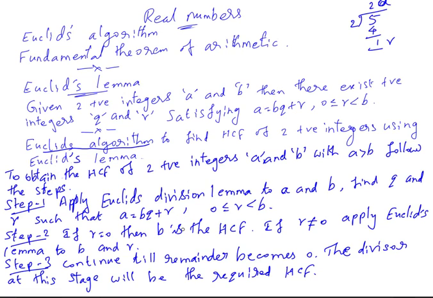Next we see what remainder we get. If the remainder is 0, the divisor is the HCF. If it is not 0, we continue, dividing the divisor by the remainder. When the remainder becomes 0, the divisor at this stage will be the required HCF.